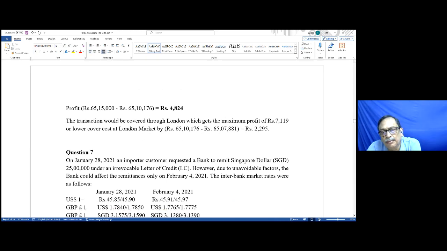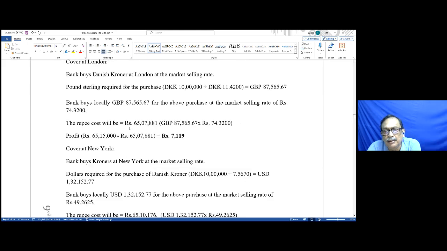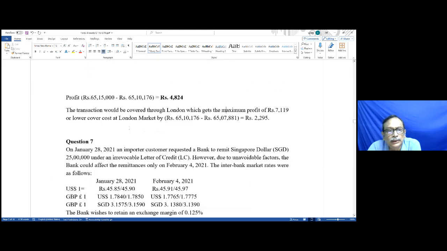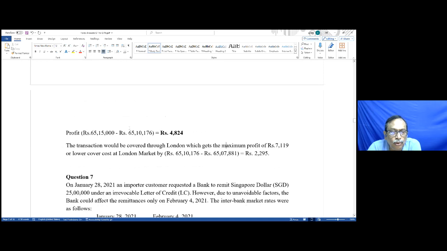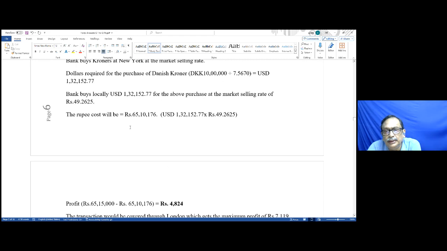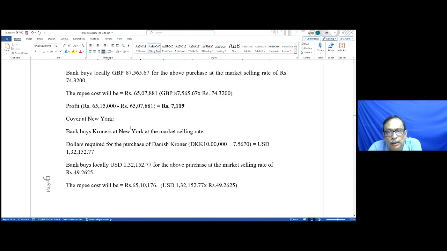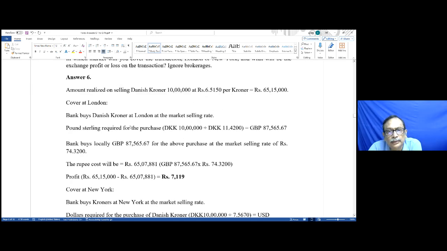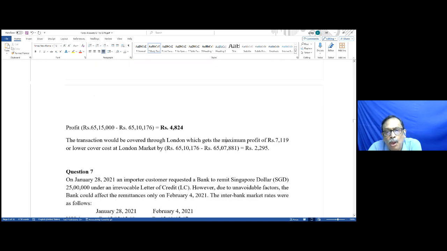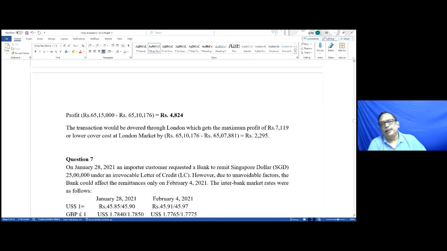The transaction would be covered through London, which gets the maximum profit of rupees 7119, or lower cover cost at London market, that is 65,10,176 minus 65,07,881, that is rupees 2295.